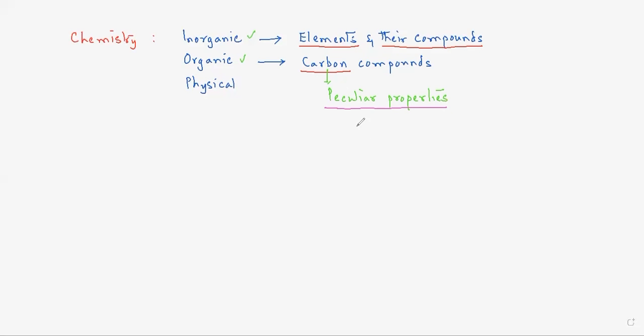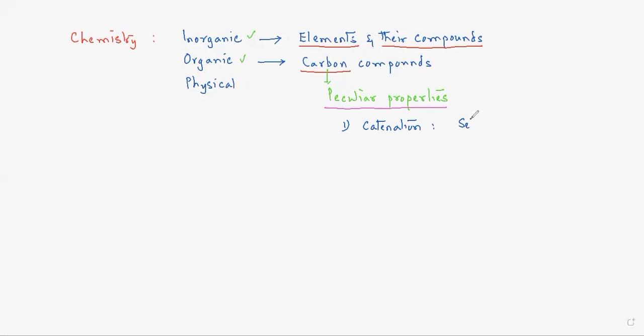There is something called catenation. The most important property that is a reason why carbon is able to form millions of compounds, of course, this number is increasing day to day, is catenation.